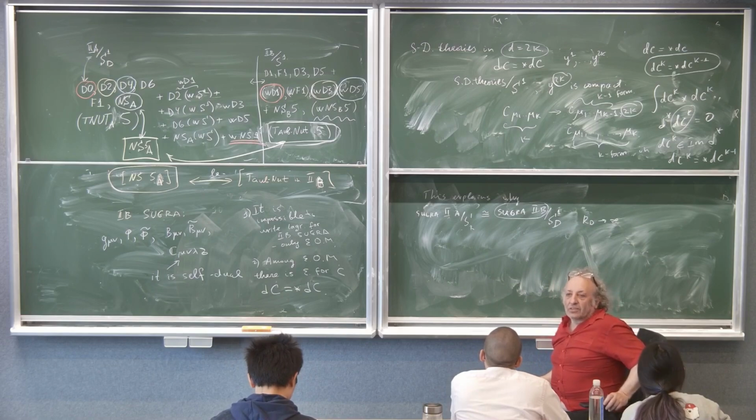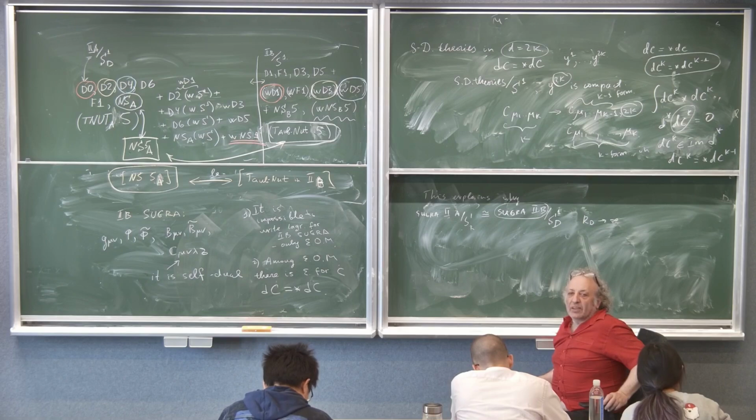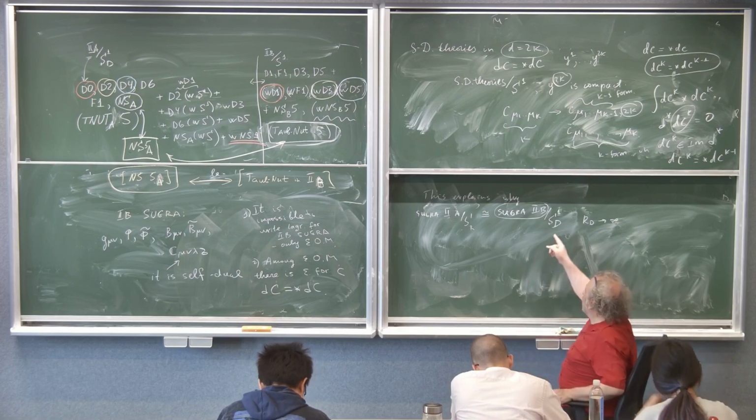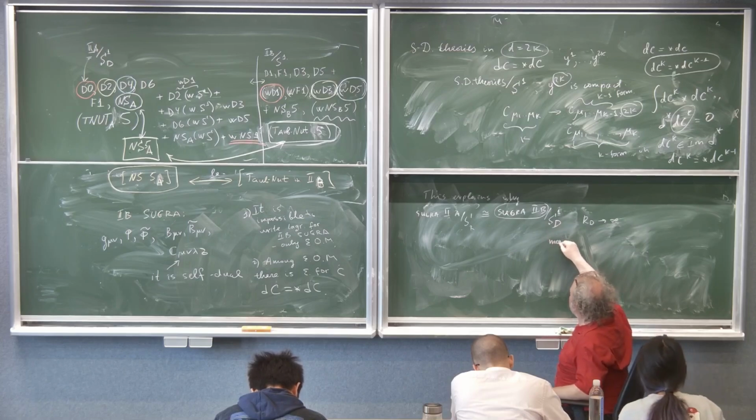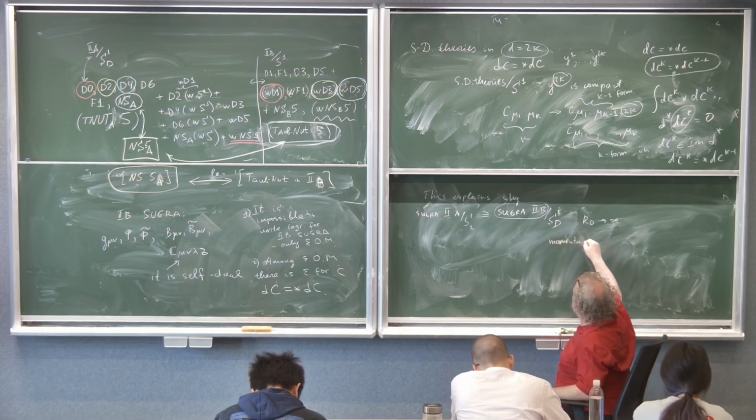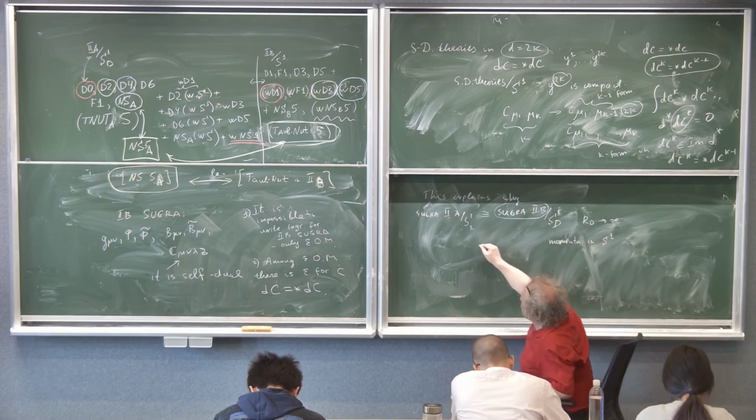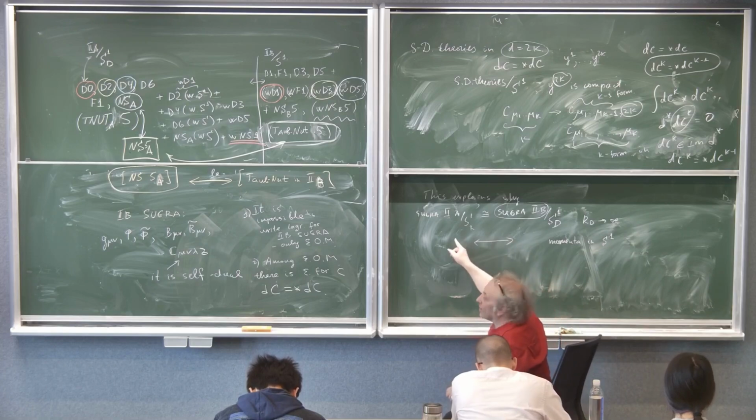And many interesting phenomena would happen. So branes could wrap this as well, and I will have non-geometric space-time degrees. Like here I have momenta in S1, and in this duality I will have winding.